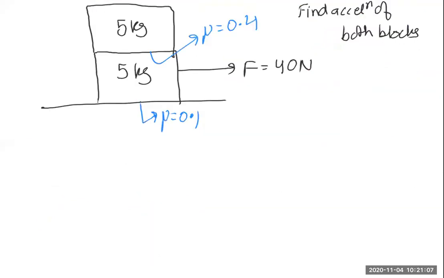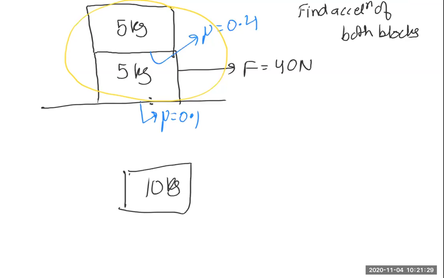यहाँ पे we consider them as one block. Now what Vishwajit was asking, नीचे भी फ्रिक्शन आ गया, लेकिन ये जो नीचे फ्रिक्शन है ये केस 1 वाला है, इसमें कोई केस 2 नहीं है. तो हमारे पास आएगा 10 kg ब्लॉक और इसके ऊपर जो फोर्स है वो है 40 न्यूटन्स और यहाँ पे अब फ्रिक्शन लगा हुआ है इसके ऊपर.